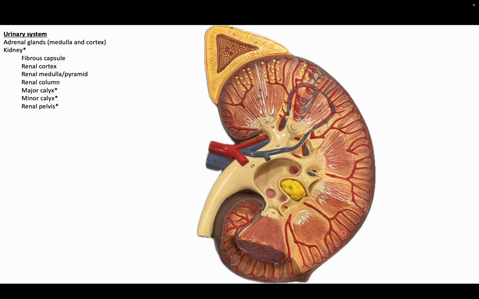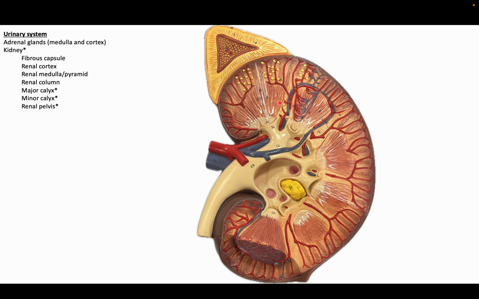This is the more superficial portion of the kidney. And then in the middle part of the kidney, the area that's usually lighter in some kidney models, this is the renal medulla. So renal cortex, outer layer, renal medulla, more inner parts.